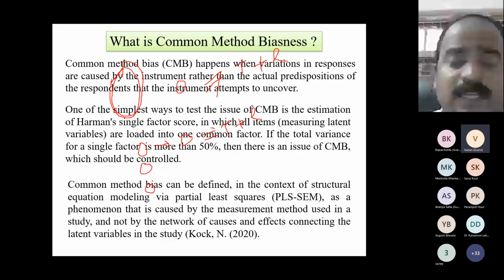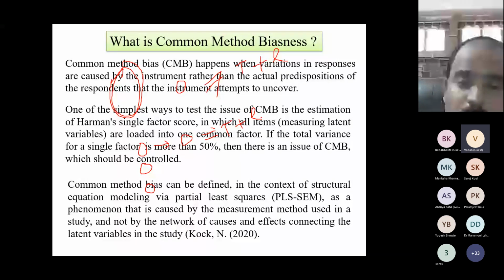So now we can say plus the error due to the method. The researcher is expected to control that.